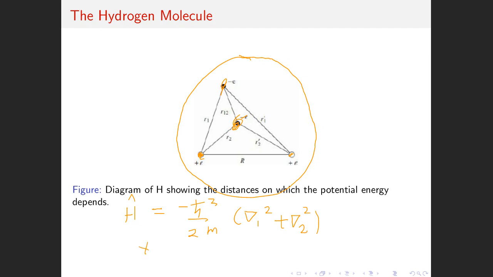Plus, let's start with the positive one. There's going to be this contribution, which gives you plus e²/4πε₀ times 1/r. This is this contribution. The other one is negative electron, negative electron, so again that gives you a plus.